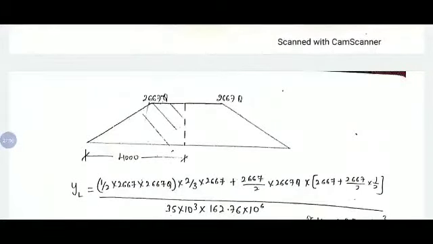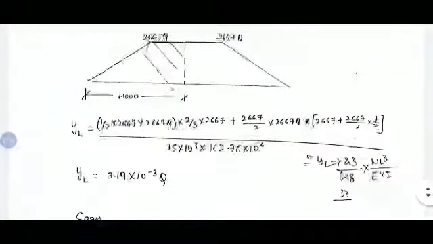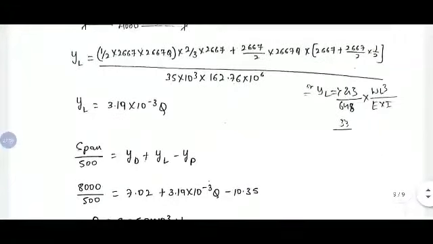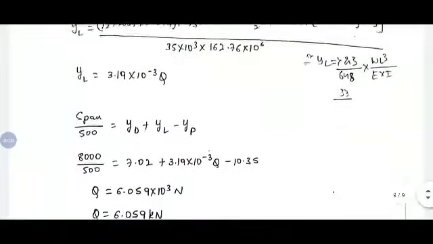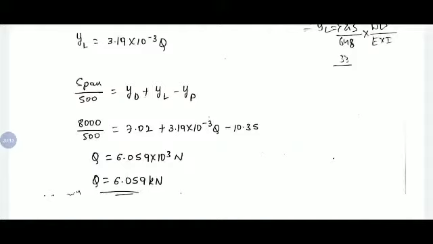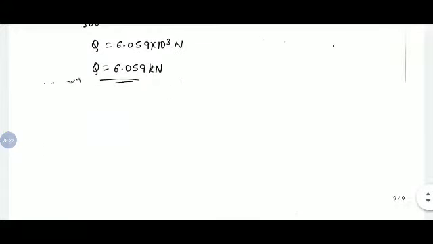In the same manner we are going to calculate the deflection, and we will get the equation in terms of Q. Then span by 500 will be YD plus YL minus YP, and by substituting values and equating to the span by 500 ratio we will get Q equals 6.059 kilonewton, or you can say 6.06 kilonewton. This should be the maximum load you can apply at the 2 points of 1/3 spans. Thank you.